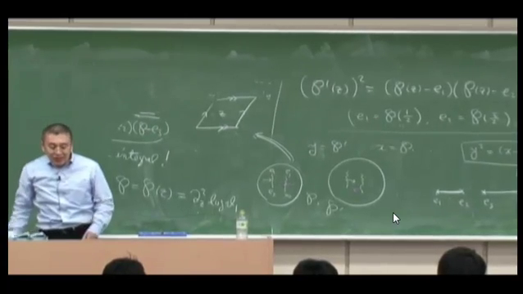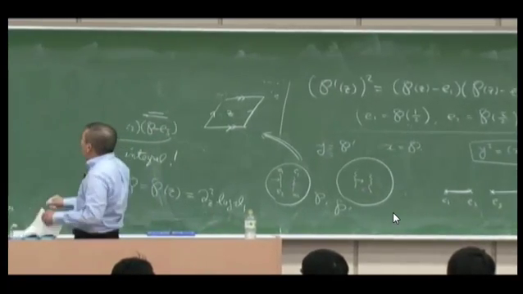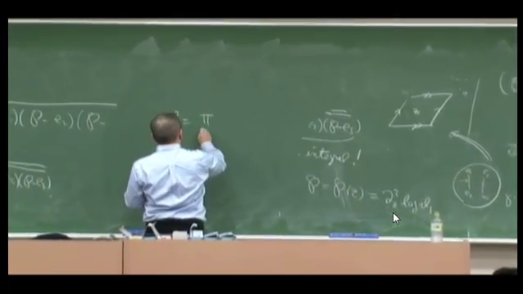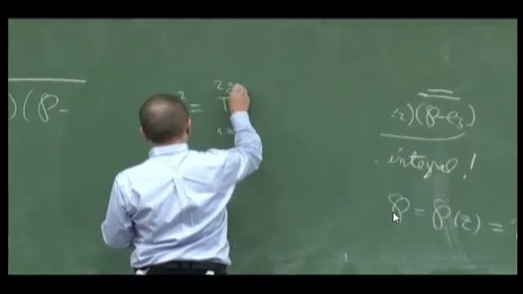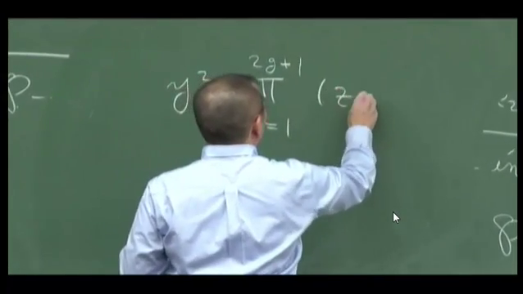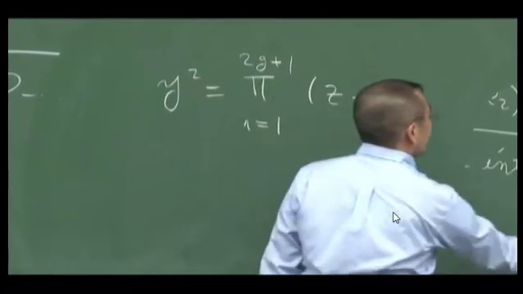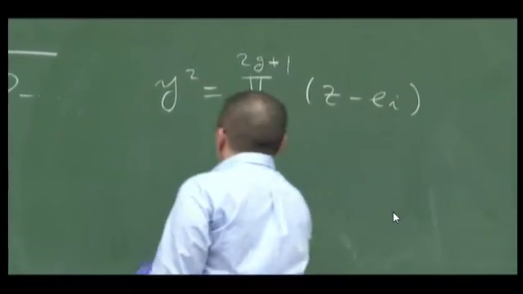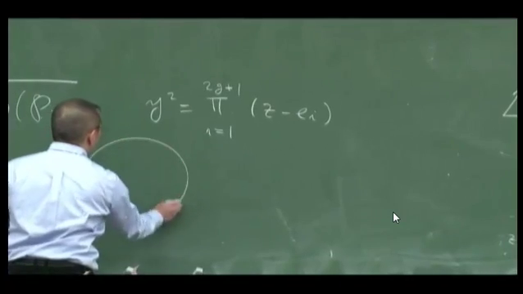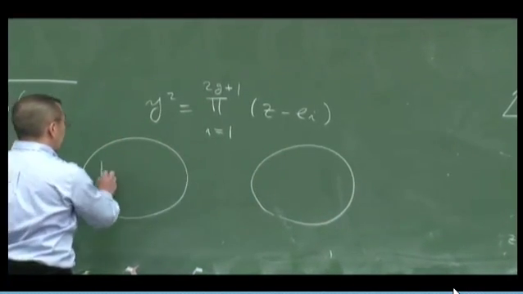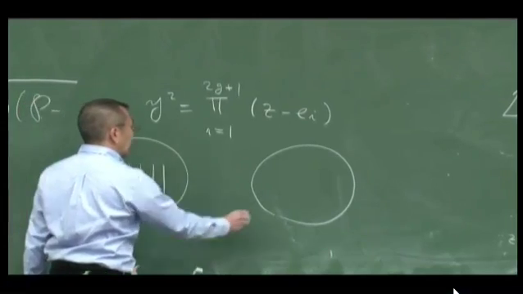For example, one can easily imagine a more complicated equation like y squared equals the product for i equals 1 to 2g+1 of (z - e_i), where the e_i are some constants. So in this case, what you have is two copies of a sphere with branch cuts.